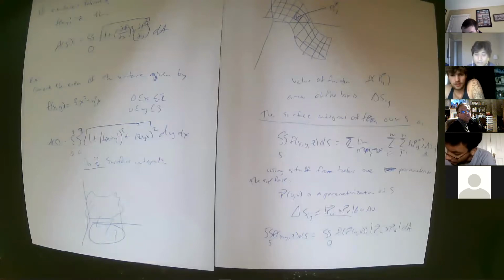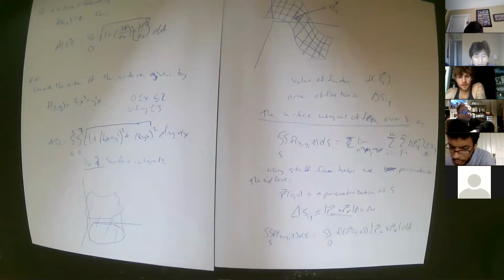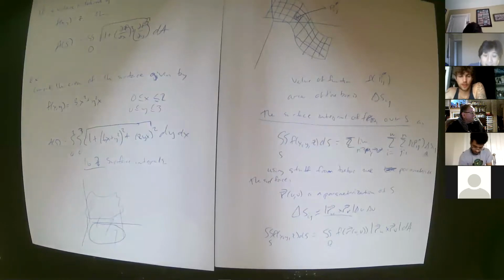Yeah, it's just the area, depending on how I choose to chop up my region D. I can chop up my region differently. If I want to do polar coordinates or whatever, I would have a different dA. It depends on my parameterization and how I choose to chop up my region when I integrate. Does that make sense?